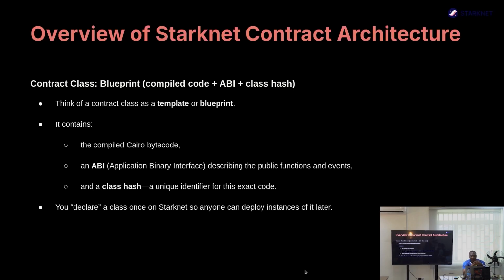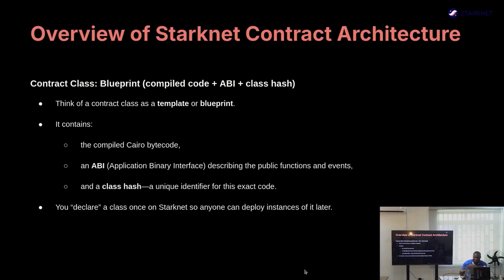I dare to also call it the skeletal framework, or the blueprint of the code you write. If and when you want to interact with the contract, probably from a front end, you can use the ABI to direct your call to the specific functions.